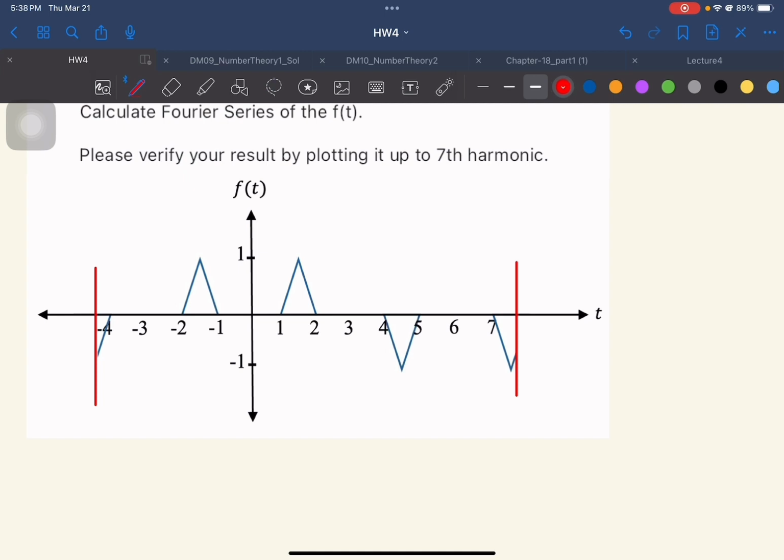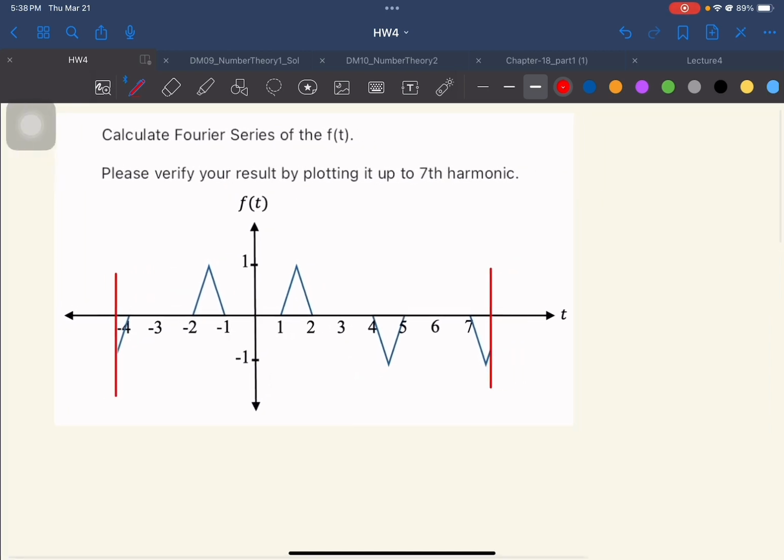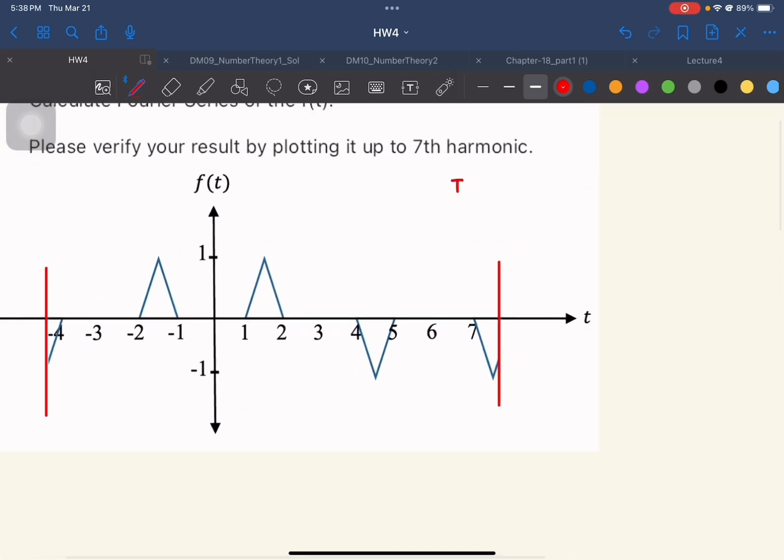When we calculate it, it is equal to 12. Okay, the period is equal to 12.